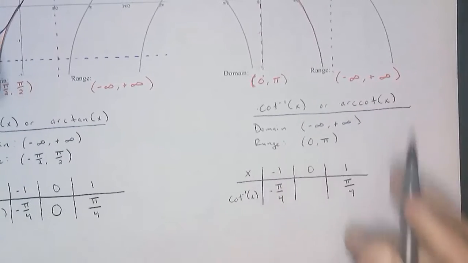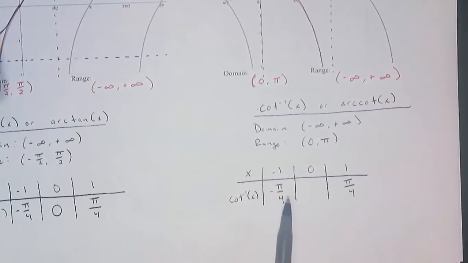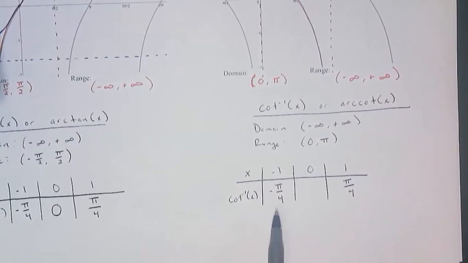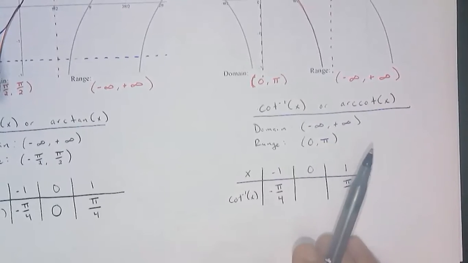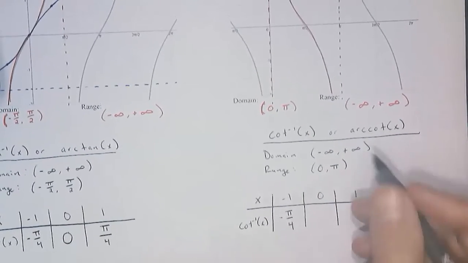Now we got to think, where do we get a cotangent of 0? In other words, where is the cosine equal to 0? Pi over 2.